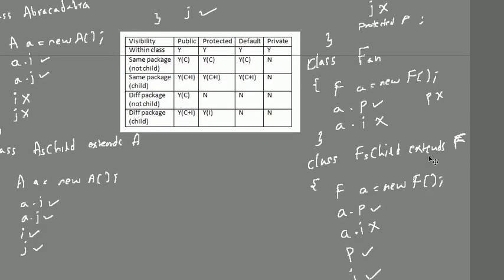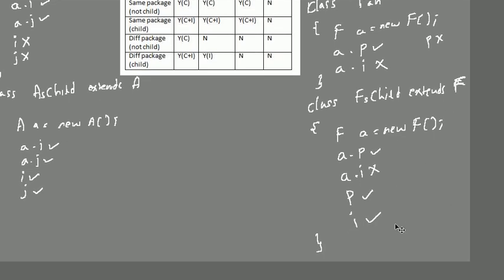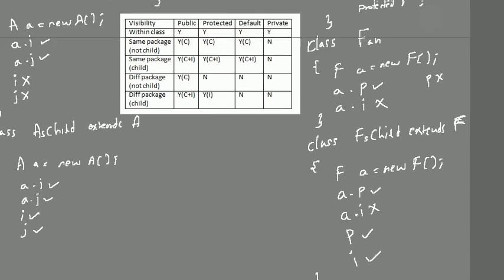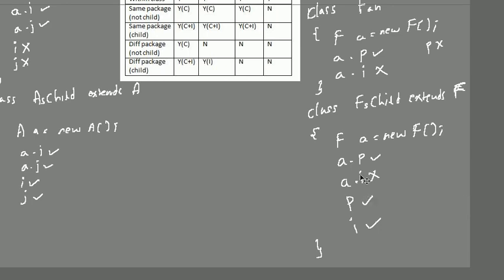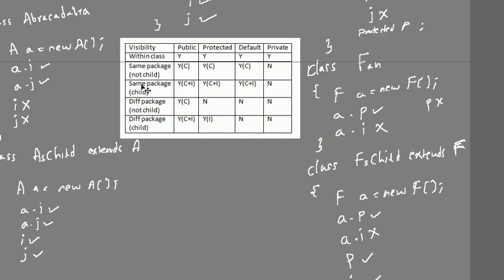So if I have F's child extending F, I can access I as such because it's inherited. But as you can notice, because P belongs to this package, you can access P using containment or inheritance. So same package, not a child, you can access protected members using containment plus inheritance.